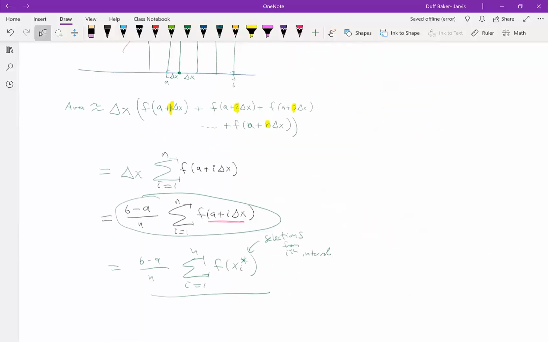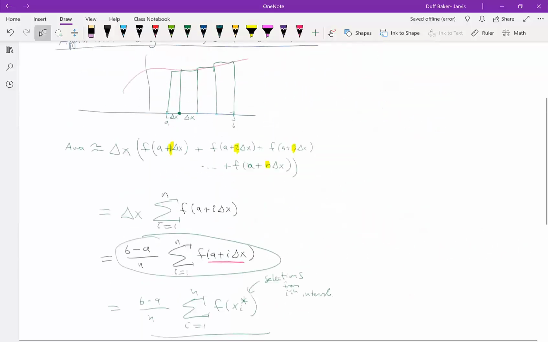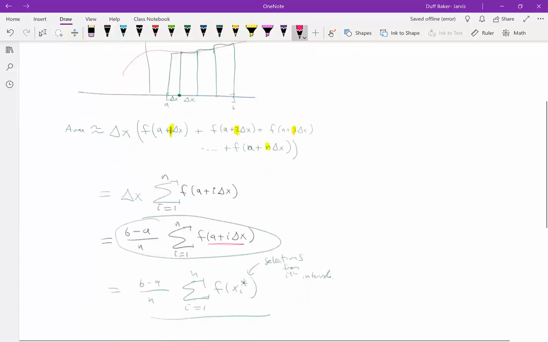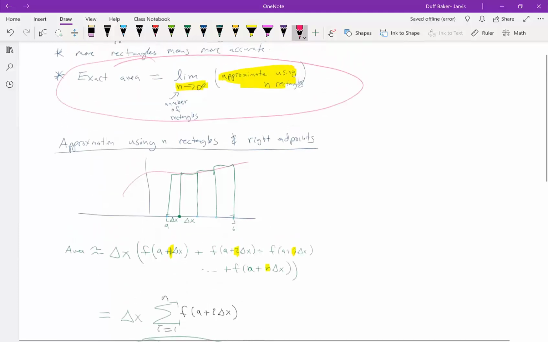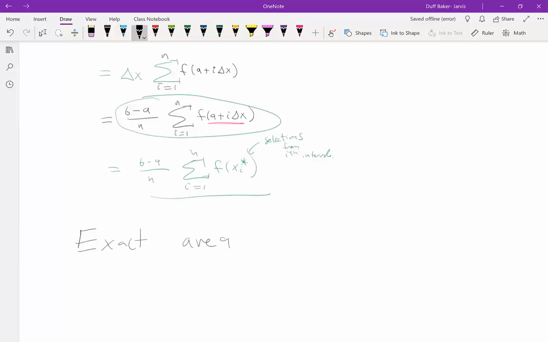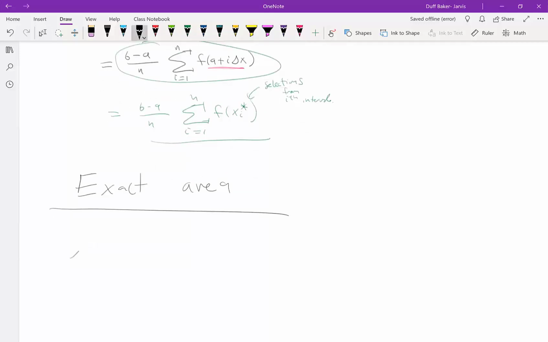Okay. So now putting that together, so that was just an approximation using n rectangles. Then going back up and using this idea, we want to see, well, what happens to whatever number that this gives us as n goes really big. Okay, so the moral of the story here is that the exact area is the limit as n goes to infinity of this business.